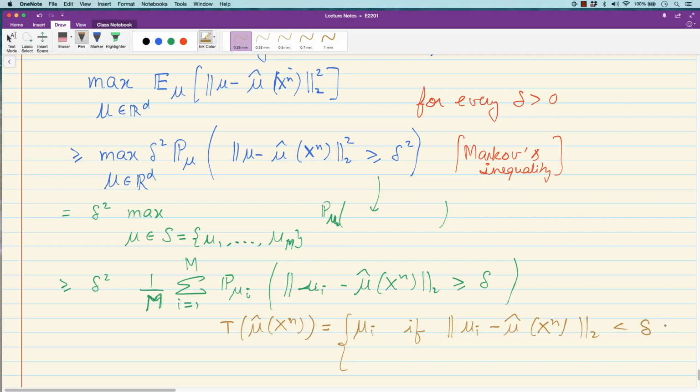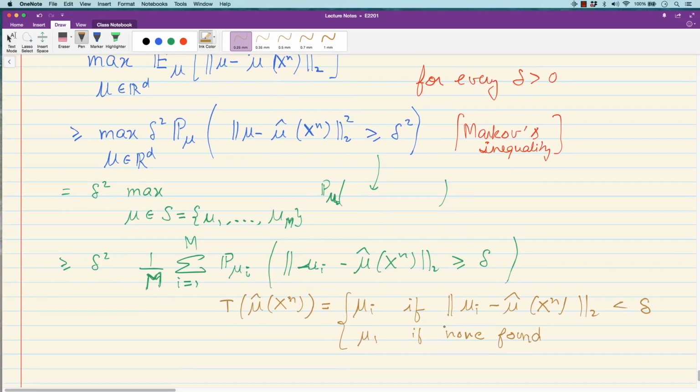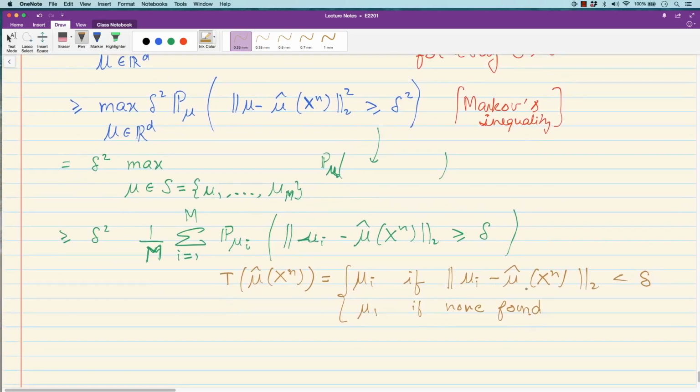Okay, now there are various possibilities where this can go wrong. What happens if you don't find any? Let's say we just declare mu1 if none is found. And what happens if you find multiple? Then again let's say we declare mu1.